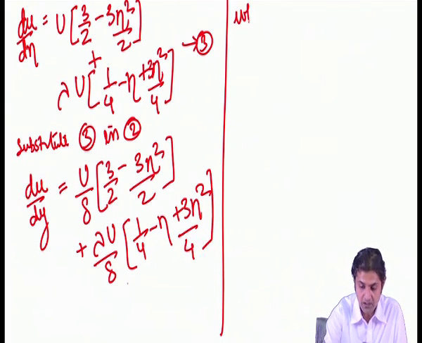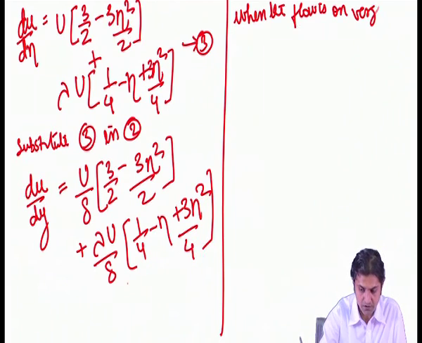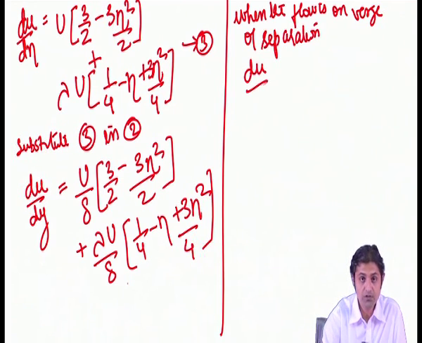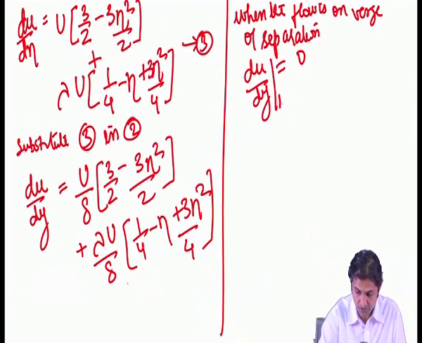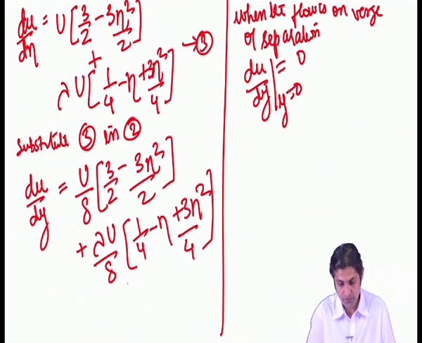So when the flow is on the verge of separation, this means du/dy at y equal to 0 is 0.